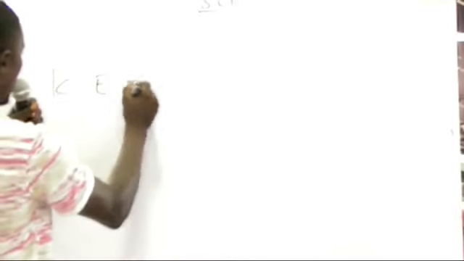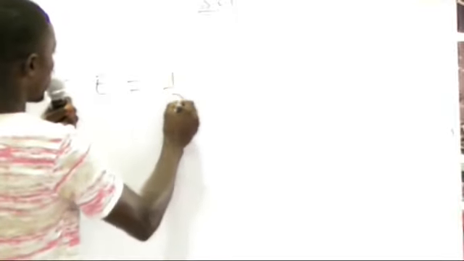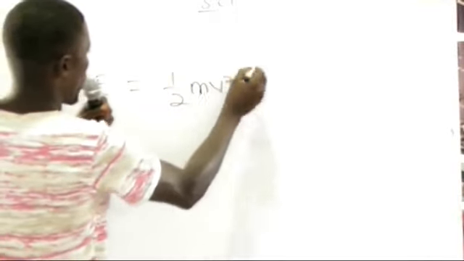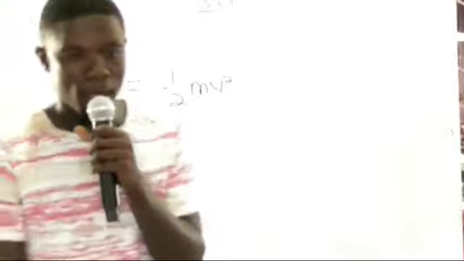So the formula is KE equals half mv squared. I hope you can see from the board. This is the formula for kinetic energy.